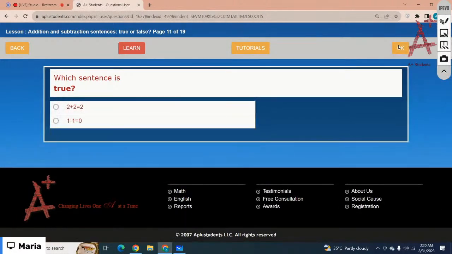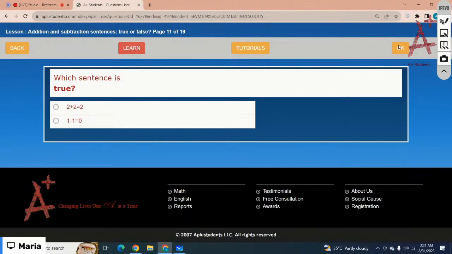Okay, which sentence is true? 2 plus 2 equals 4 or 1 take away 1 equals 0. Which is the correct option? 2 plus 2 equals 4, right?